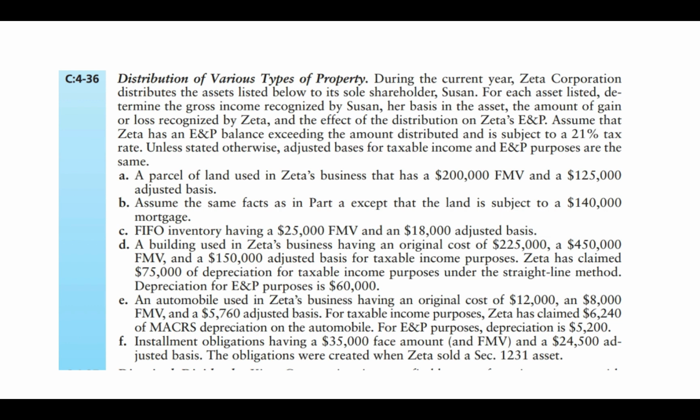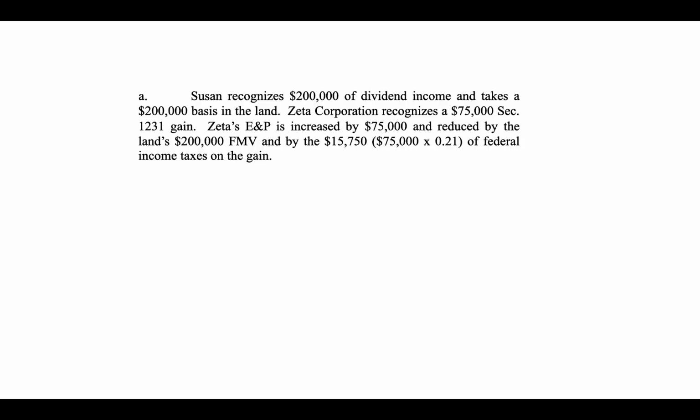So we treat it as though we sold it on the date of distribution and distributed it. So for Susan, she is going to have a dividend equal to the fair market value of that asset. So it's land and its fair market value is $200,000. So she's going to have dividend income, taxable dividend income of $200,000, and her basis in the land is $200,000.